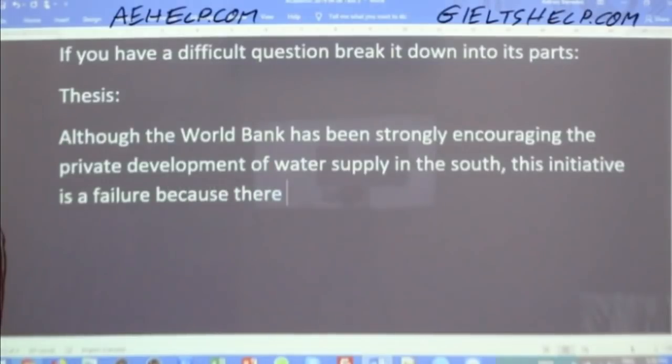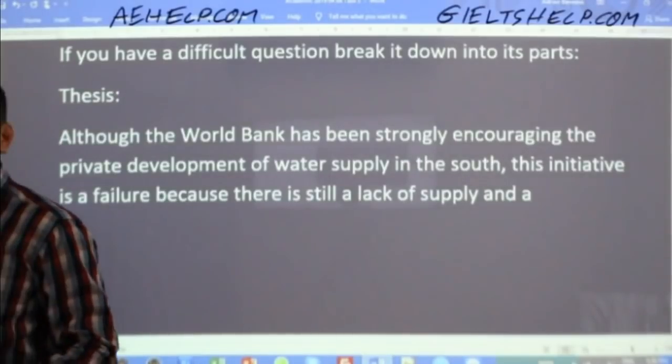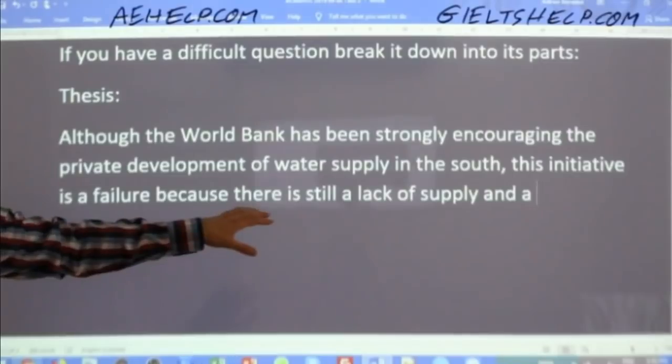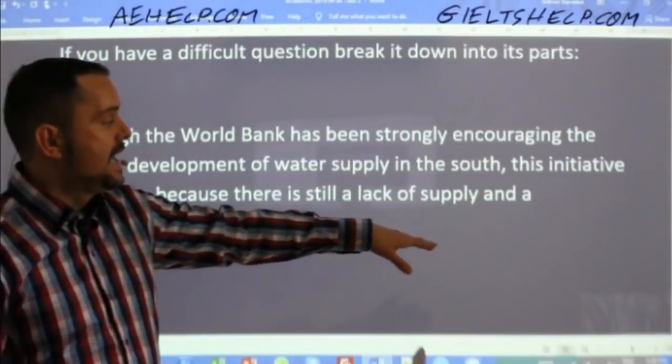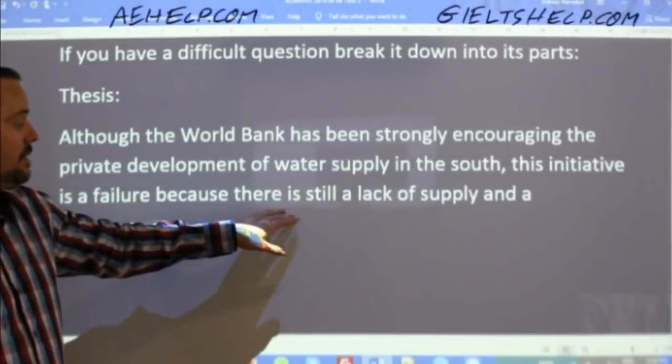because there is still a lack of supply and expensive. Let me try to parallel grammar here, students, is very important. So I can't just write and it's expensive, because it's expensive is not parallel grammar with there is a lack of supply.